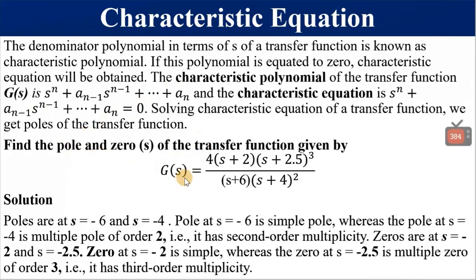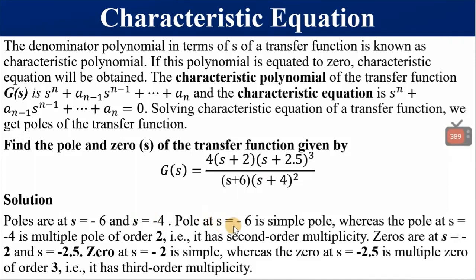And this is our transfer function, and we are now going to find the poles of this transfer function. We are going to set the denominator equal to 0, and it becomes a characteristic equation. Poles are at, if we set this equal to 0, either s plus 6 is equal to 0, therefore s is equal to minus 6, and also s plus 4, if we equate it to 0, it means that s will be equal to minus 4.